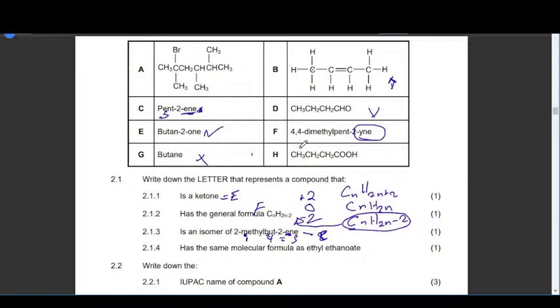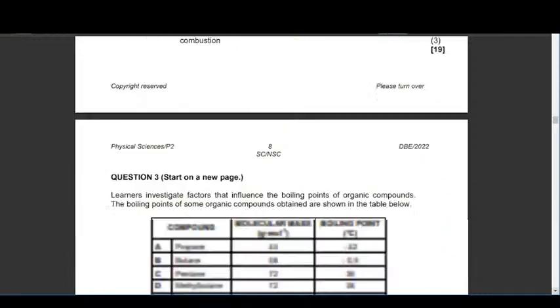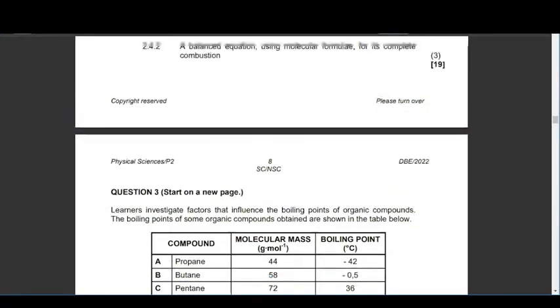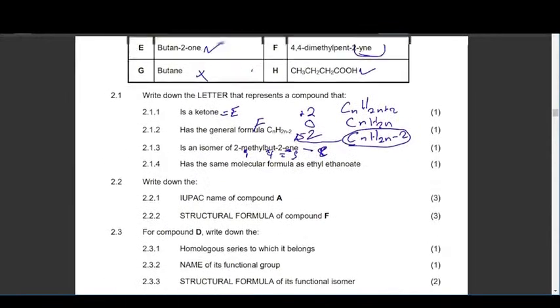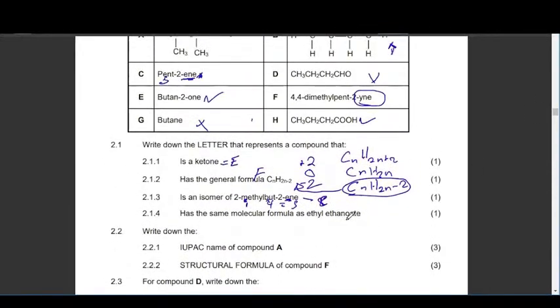You find out that the answer becomes this. Why this? Because ethyl ethanoate is an ester, and this is a carboxylic acid.